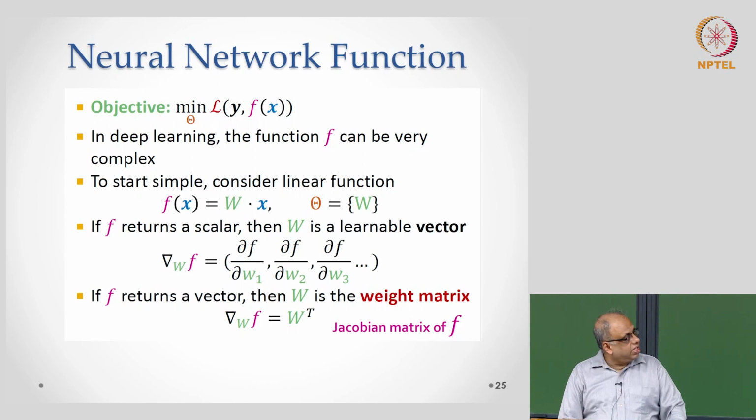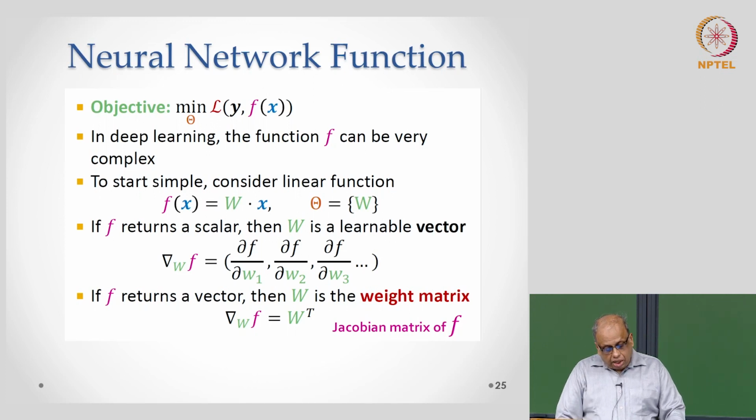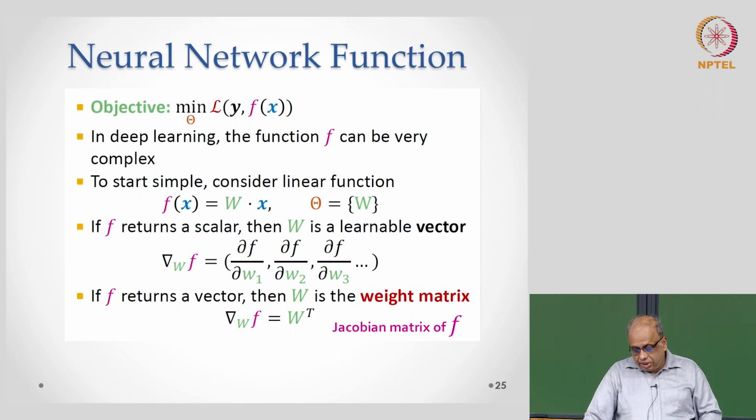You can think of it just as an optimization problem. To start with, we consider a linear function, f(x) equal to wx, and if f returns a scalar, then w is a learnable vector, or it can also be a weight matrix.